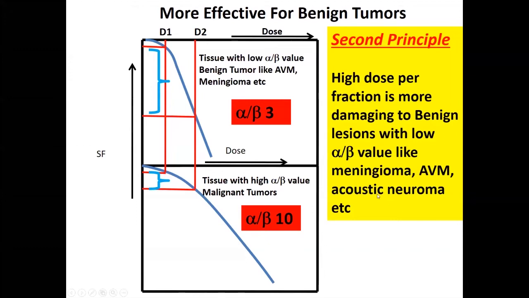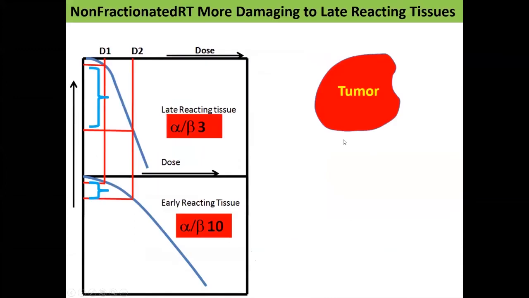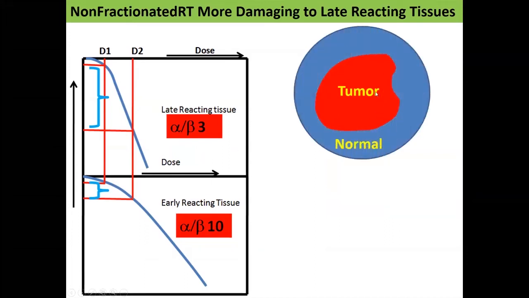But the same principle will apply in relation to late reacting tissue. So we will question that when you increase the dose from D1 to D2, it will result in more damage for late reacting tissue. And we know that tumor is always surrounded by normal tissue.